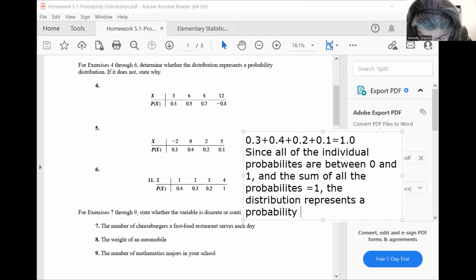So that is how you would answer that. That's number 5, okay? Does it represent a probability distribution or not? Okay.